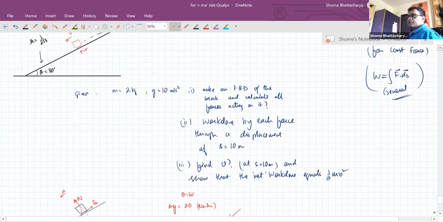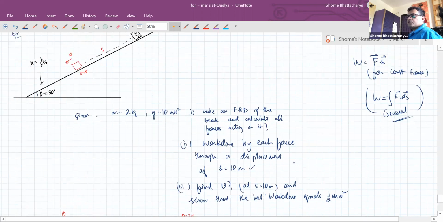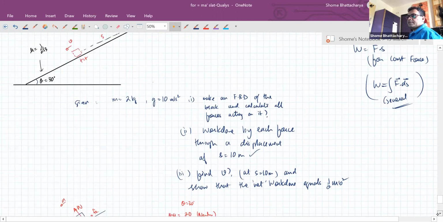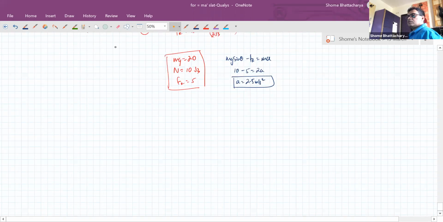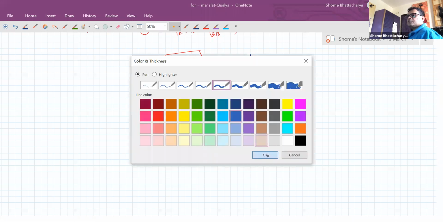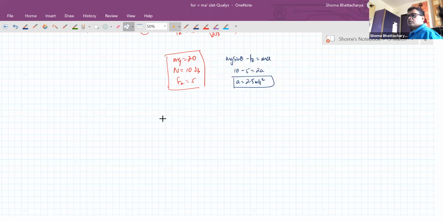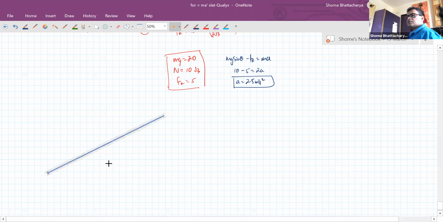Now next thing, we have to find out the work done by each of the forces for a displacement of 10 meters. So you can see that our displacement vector is down the inclined plane, so it's like this, and it's of magnitude 10 meters. This angle should be theta equal to 30 degrees.